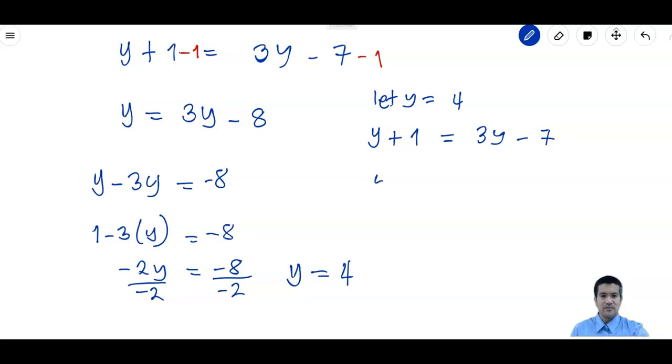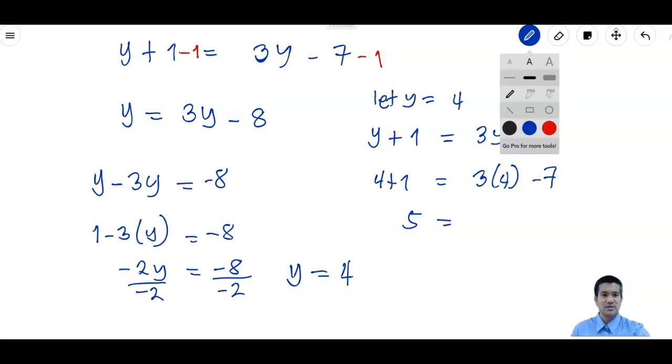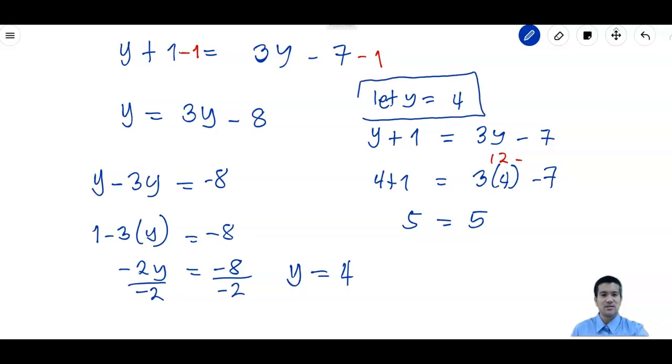So 4 plus 1 equal to 3 times 4 minus 7. So therefore here we get 5, and then 3 times 4 is equal to 12, right? So the result of 3 times 4, we get 12, and then we have to deduct by 7. So therefore, the result now is equal to 5. So we get now y is equal to 4.